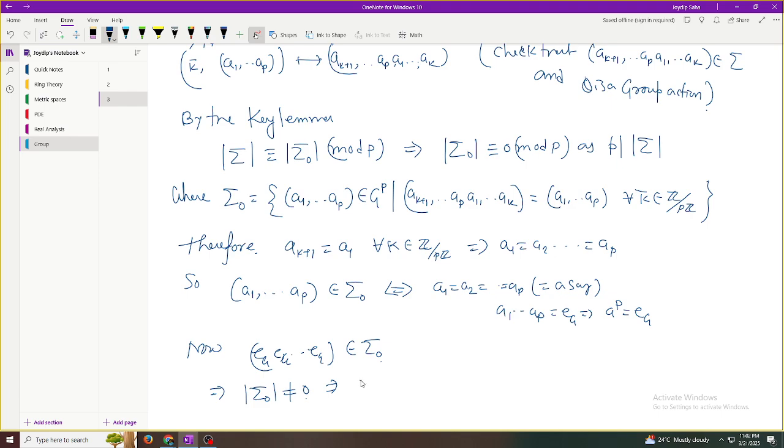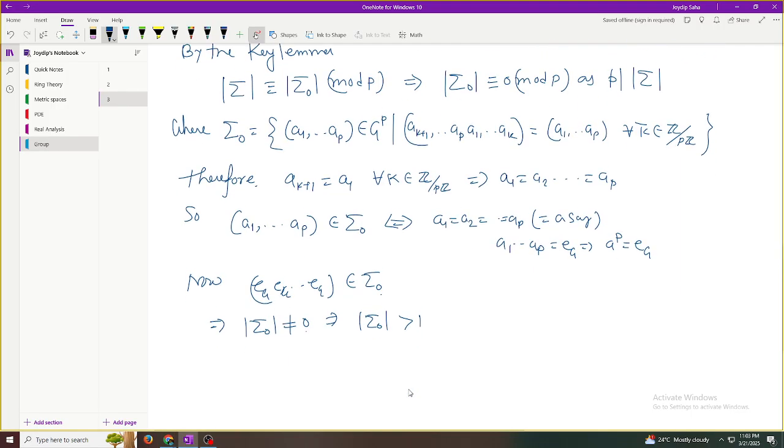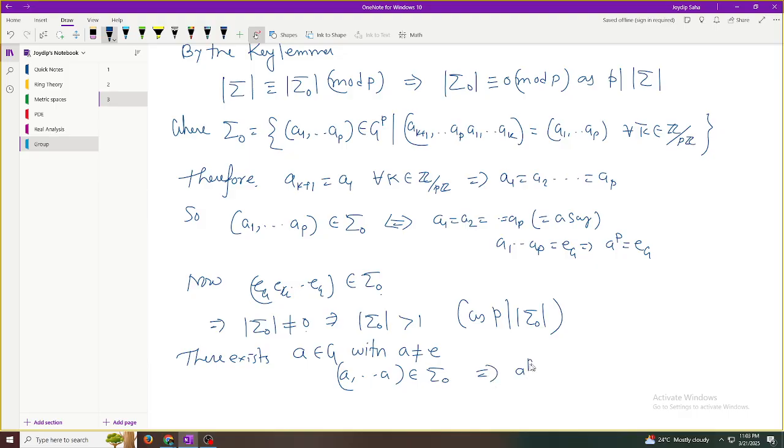That means the cardinality of sigma 0 is greater than 1. So there exists a belonging to G with a not equal to the identity, such that the tuple a belongs to sigma 0. This implies a to the power p equals the identity. This is the proof of Cauchy's theorem.